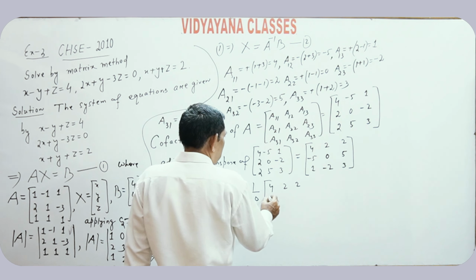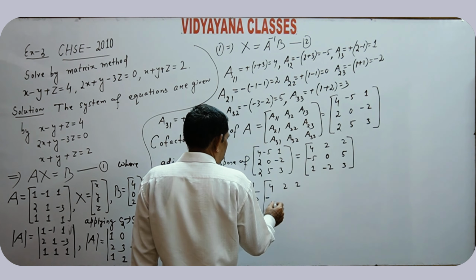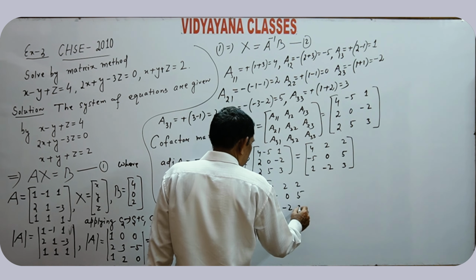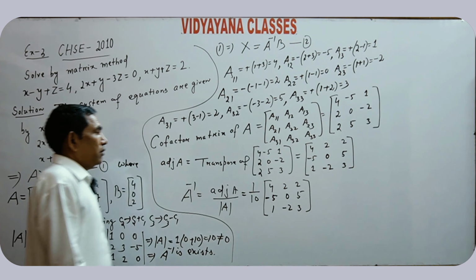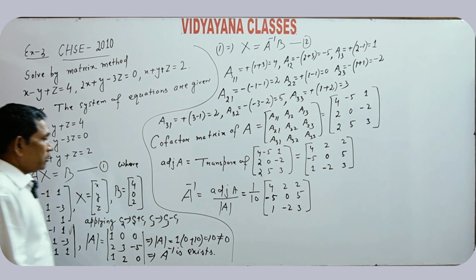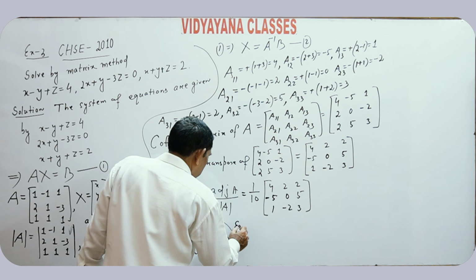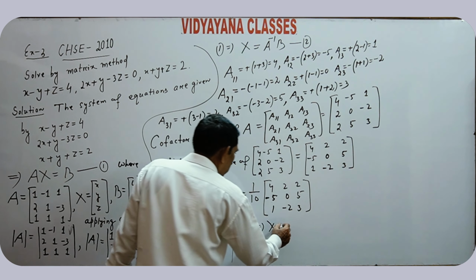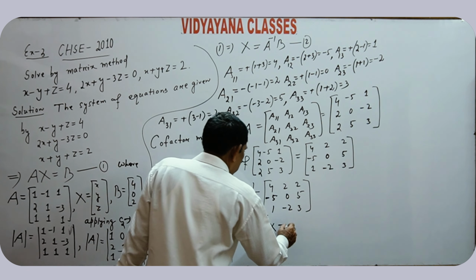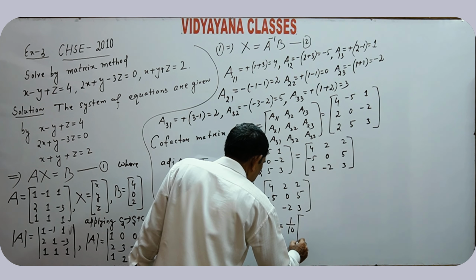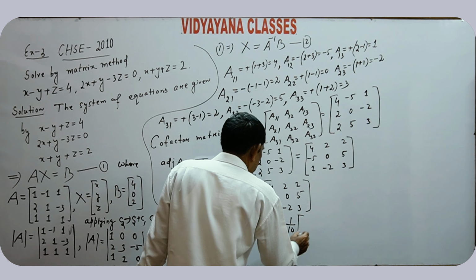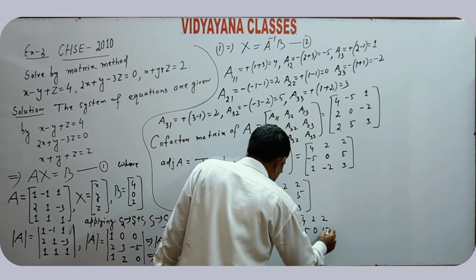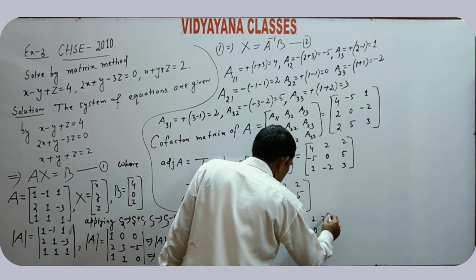Minus 5, 0, 5. 1 minus 2, 3. Equation 2 implies this. X is equal to A inverse, that is 1 by 10 into matrix having elements 4, 2, 2, minus 5, 0, 5, 1 minus 2, 3.